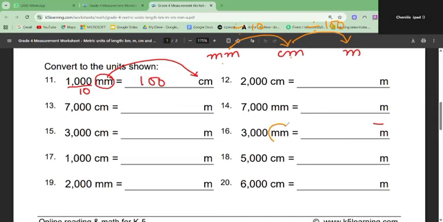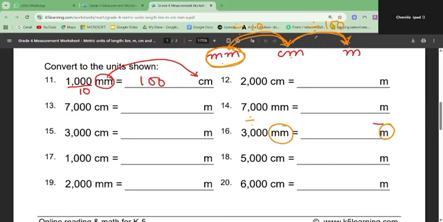Now the question says go from millimeters to meters, which means going from smaller to bigger. So we have to divide, because it is talking about the upper part in which the arrow is moving from smaller to bigger. Because we have to move from millimeters to meters, we follow the upper part.